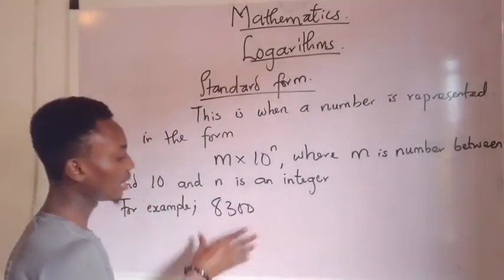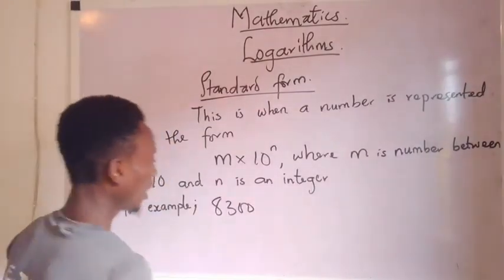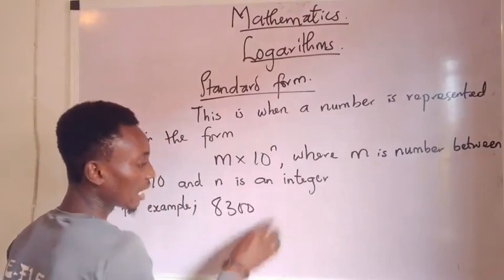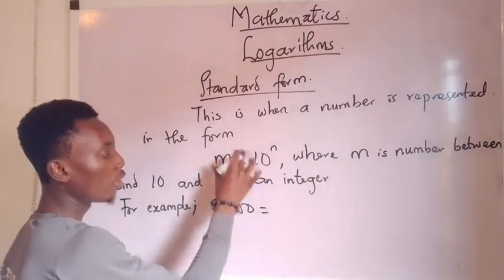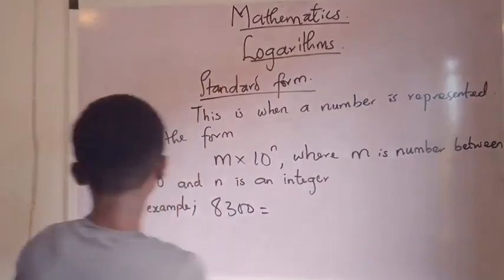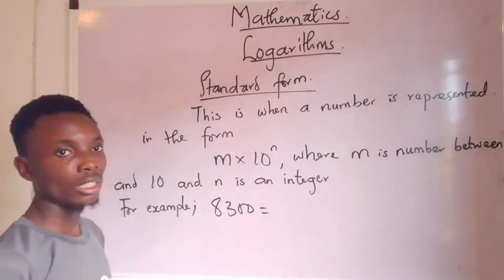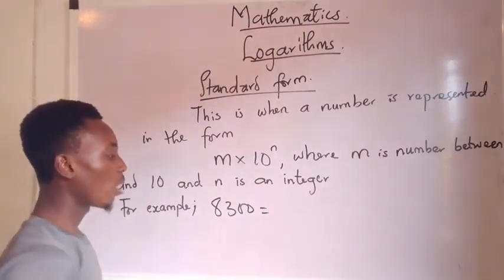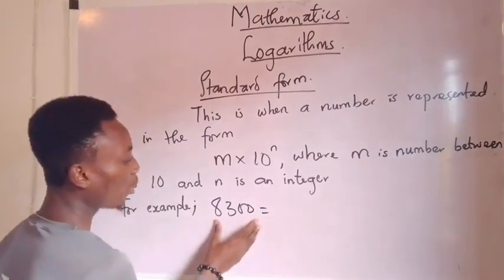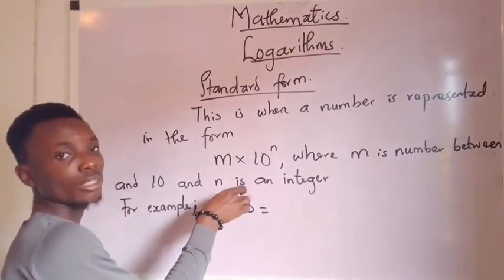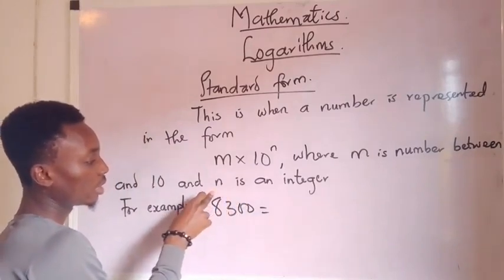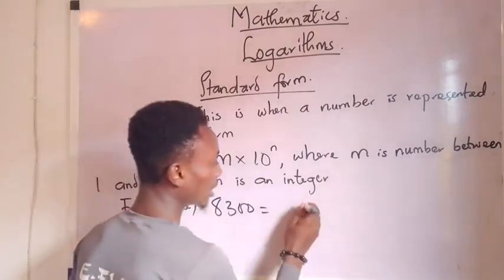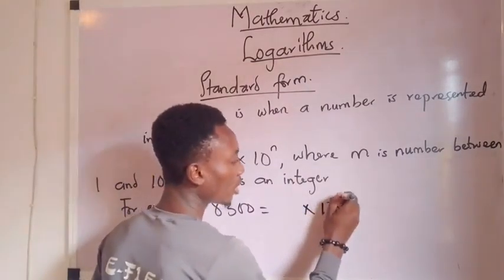To represent this in standard form, whatever we'll be writing as m would be a number between 1 and 10. So how do we do this? First of all, count the power of 10 you have here. Start from here. You count 0, 1, 2, 3. So definitely it is times 10 raised to power 3.